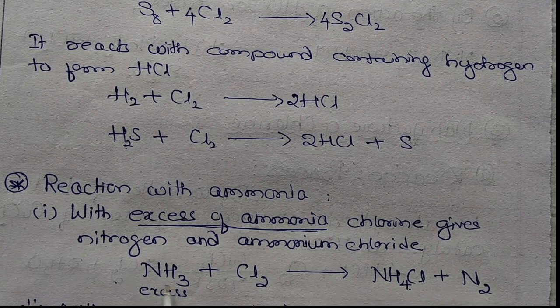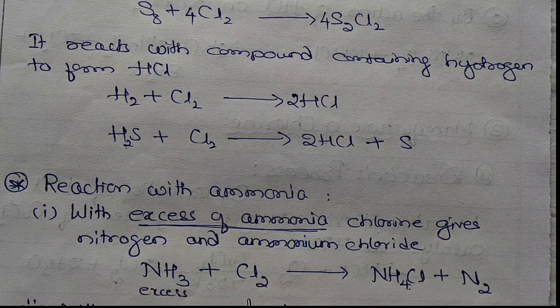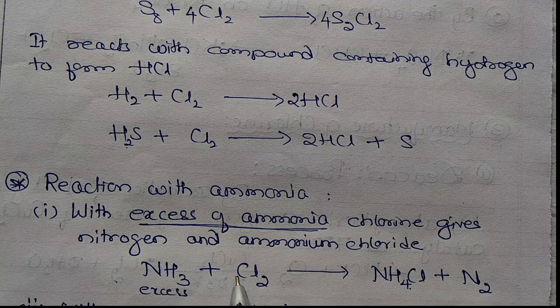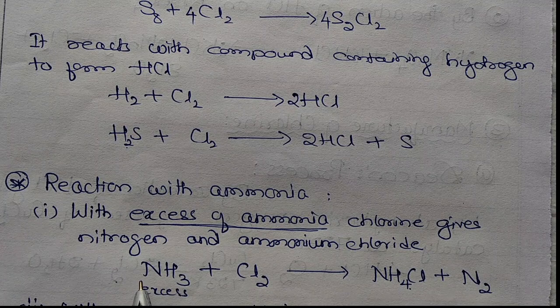If I write 3 chlorine, 3 times 2 is 6, and it balances. There is only one chlorine source here, so I take 3. Here, 2 nitrogens are there, so you are having 3 and you have to balance this also.